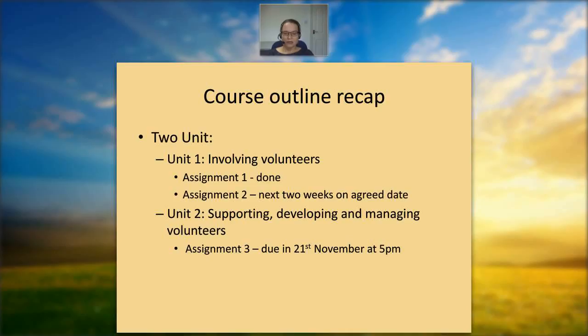Unit 2 is supporting, developing and managing volunteers, and that has just 1 assignment, which is assignment 3, due on the 21st of November at 5 p.m. So in the next 2 weeks we're doing assignment 2, and we are starting this week in this tutorial to look at the topic covered by Unit 2, which is supporting, developing and managing volunteers.